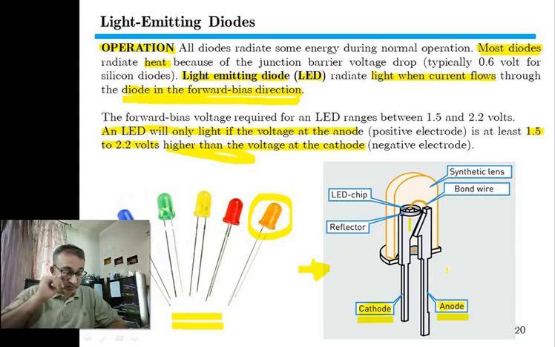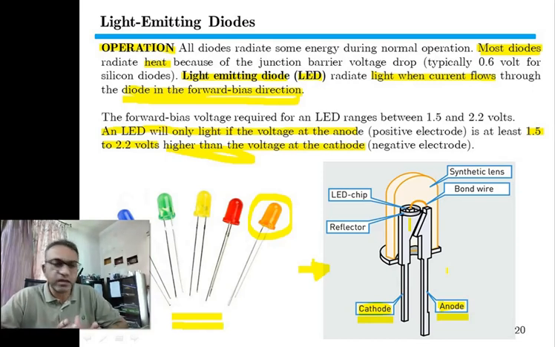Now LEDs are beneficial as compared to our normal or traditional bulbs. LEDs consume less power, they are less in price, they are more economical, and they also consume less volume. They may also be lighter in weight.